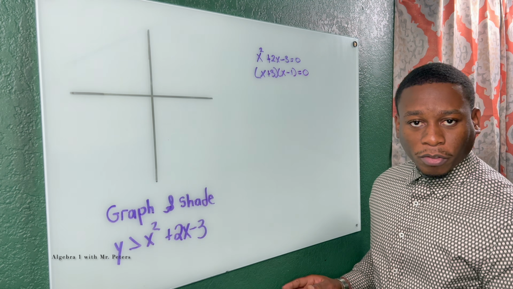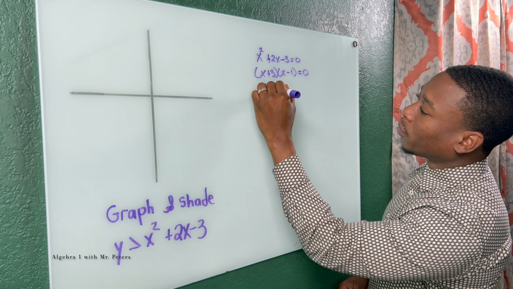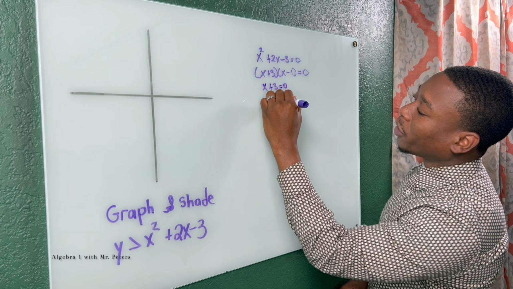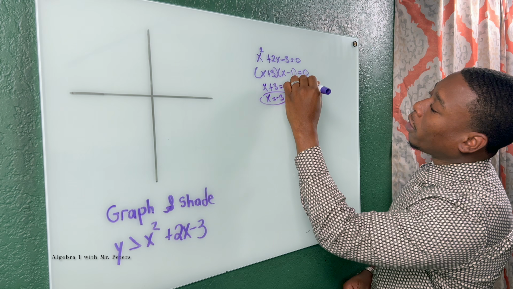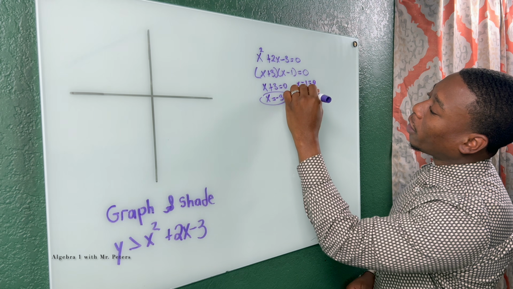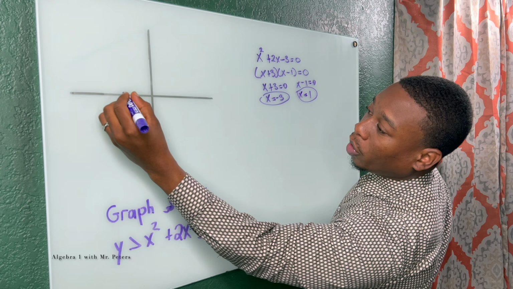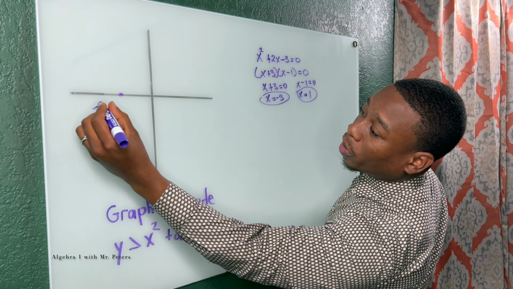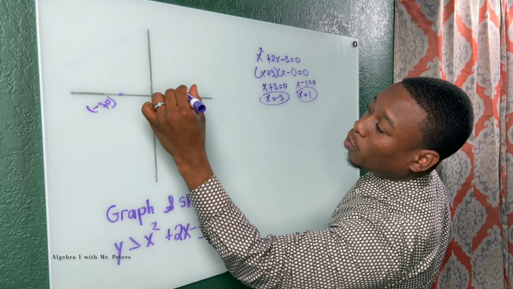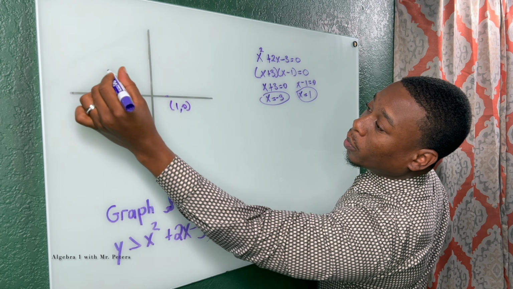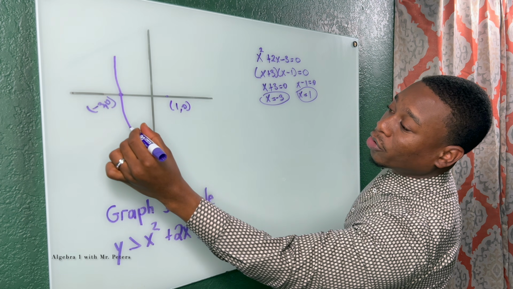After we set both factors equal to 0, we get x equals -3 for the first one, and x equals 1 for the second. When we plot those points, these 2 points are the most important because they create that boundary line.